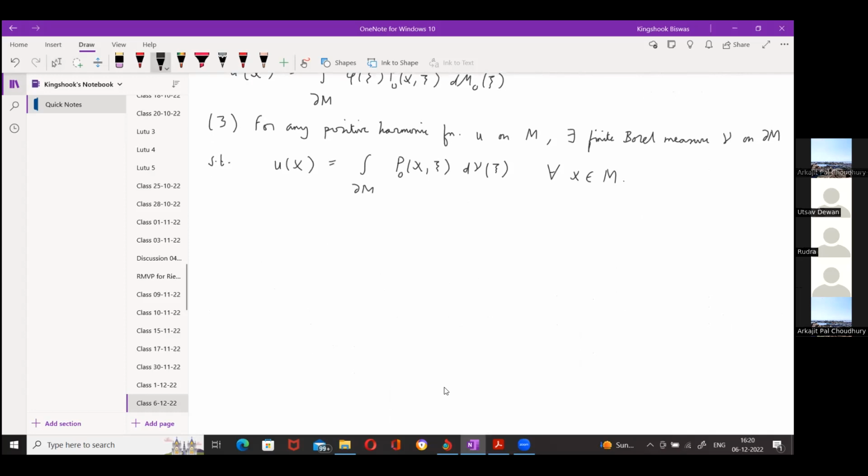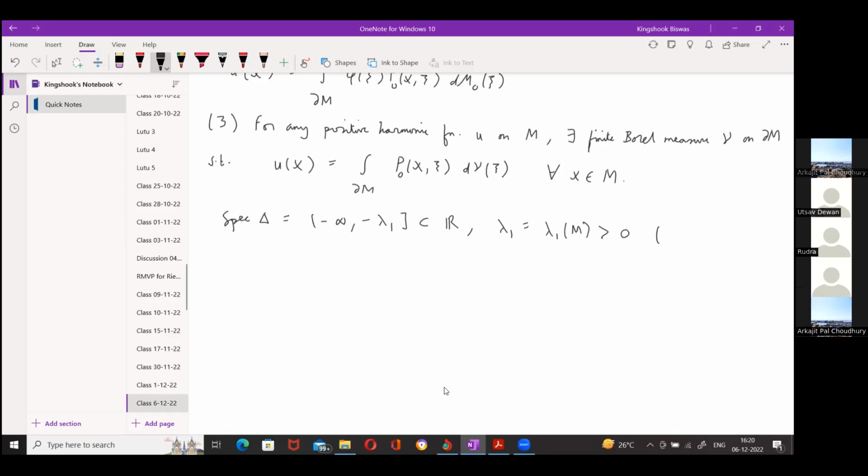Because suppose the spectrum of the Laplacian is minus infinity to minus lambda 1, where lambda 1 is lambda 1 of M. This is positive.